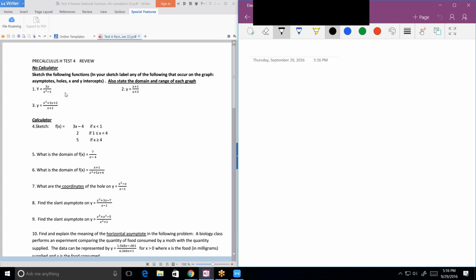Now, do they make you give domains and ranges in interval notation? Yeah, they do. Okay, what's the interval notation for the domain on number 1? I'll give you a hint. It's the first domain.